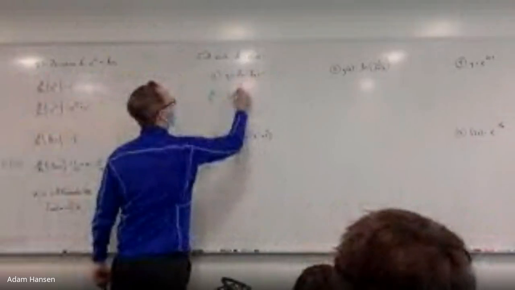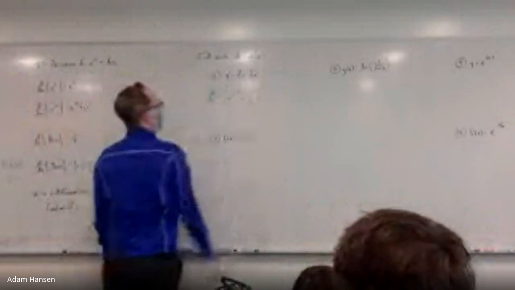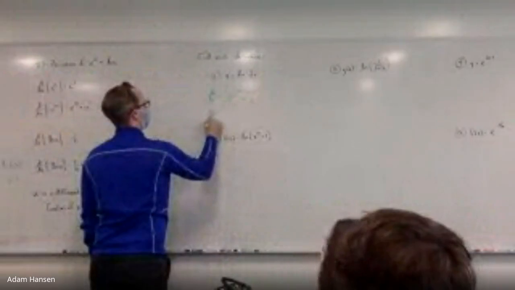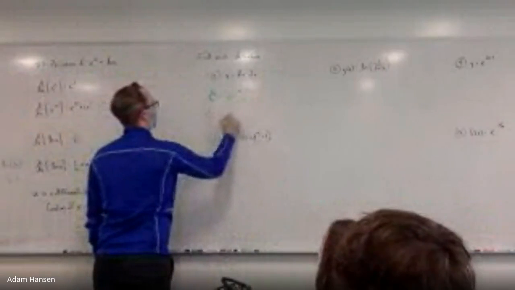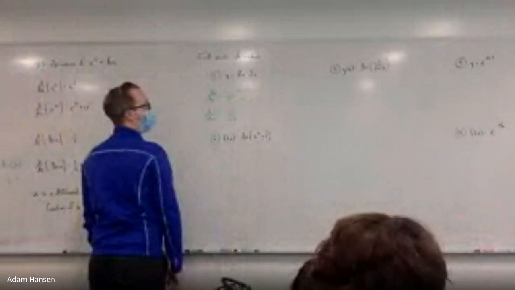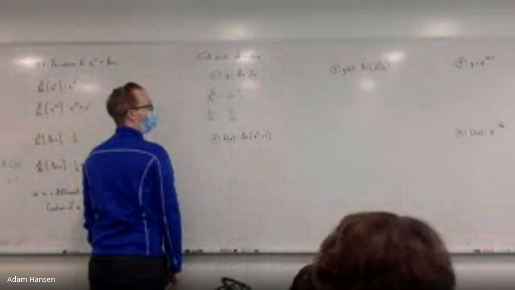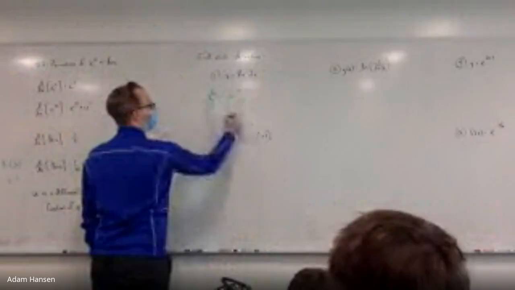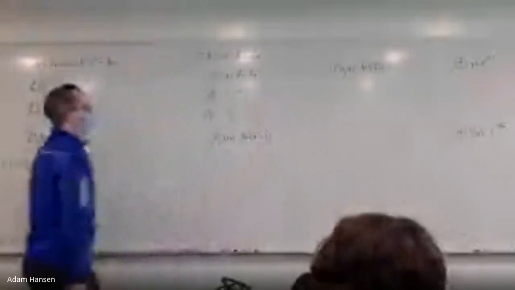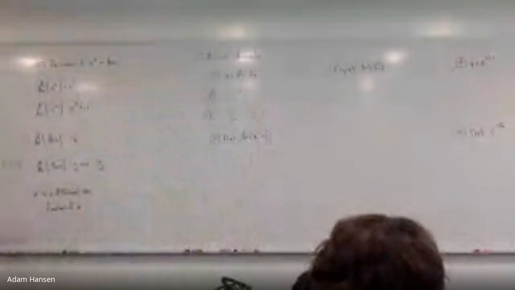So times 2. That's 2 over 2x, which is then just 1 over 2x times 2. That's 2 over 2x, which cancels out. The derivative of ln 2x is just 1 over x.